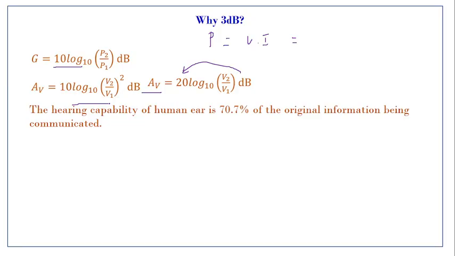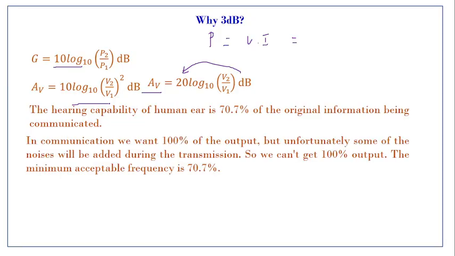Many statistics have mentioned that the hearing capability of a normal human ear is only 70.7 percent. Even though we are communicating 100 percent of the information, many noises will be incorporated with it, so that we could not get 100% exact output. The minimum acceptable level is going to be 70.7.